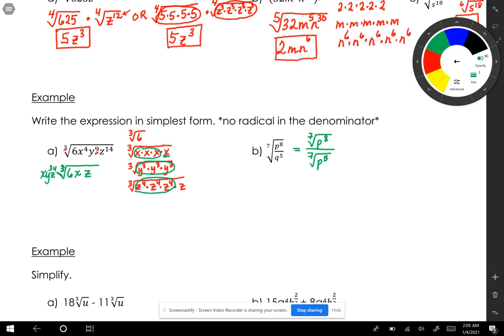First of all, you want to multiply top and bottom, because you can't have a radical in the denominator. I'm trying to figure out the easiest way to do this and not be complicated for you guys.